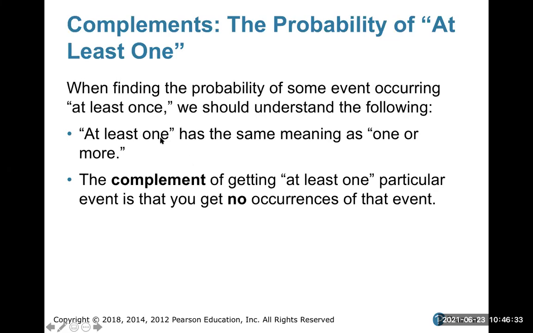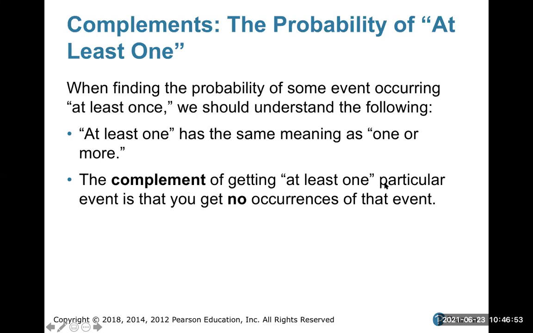At least one means one or more. If I say I drink at least one coffee per day, that means one coffee or more: 1, 2, 3 and more. What is the complement of getting at least one?